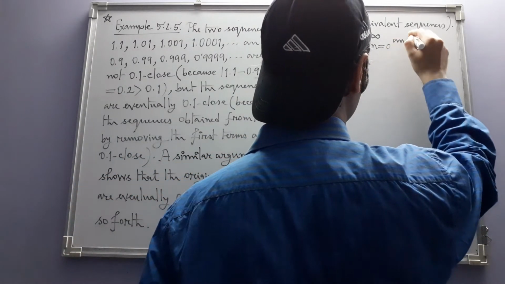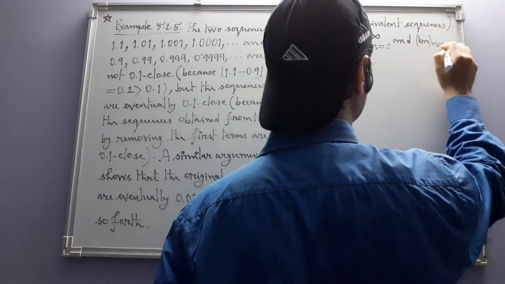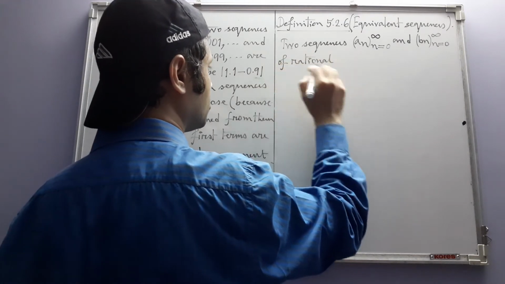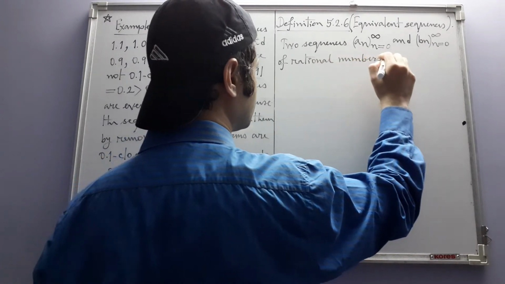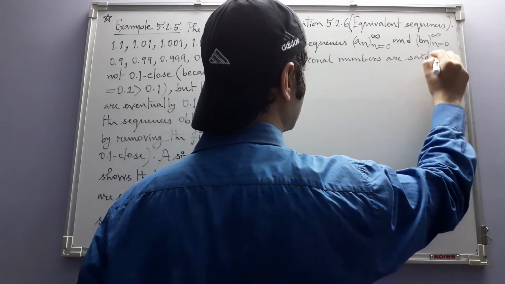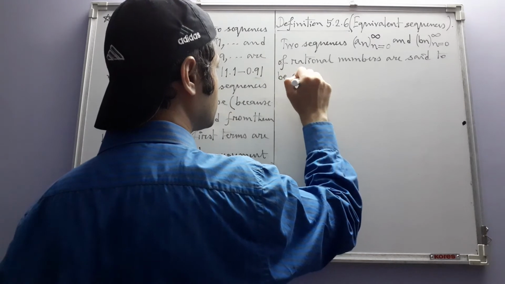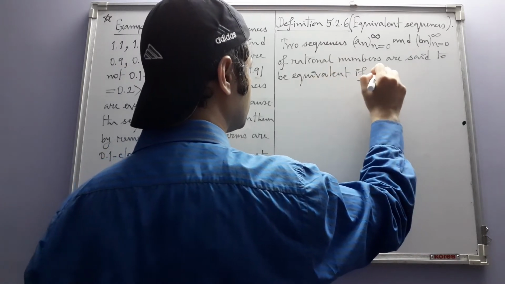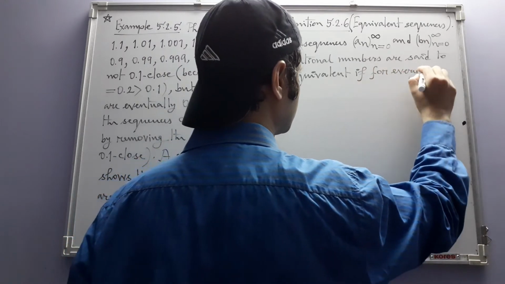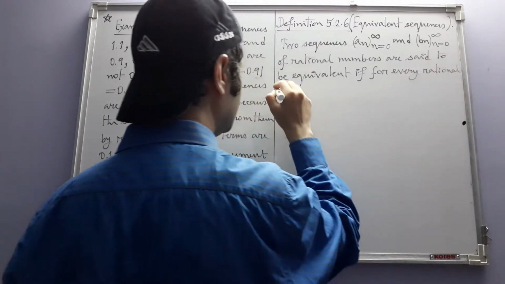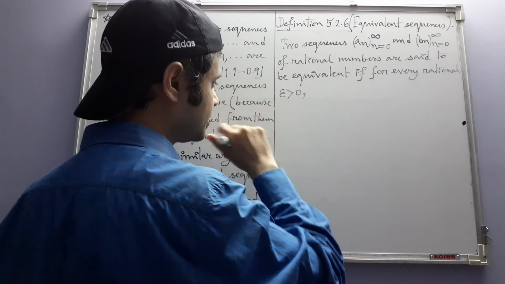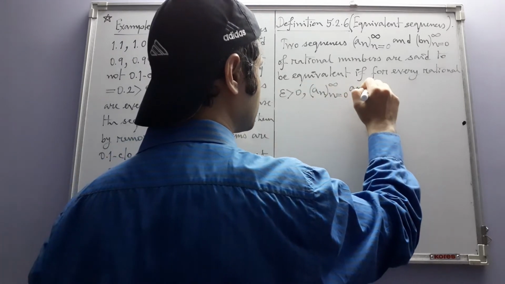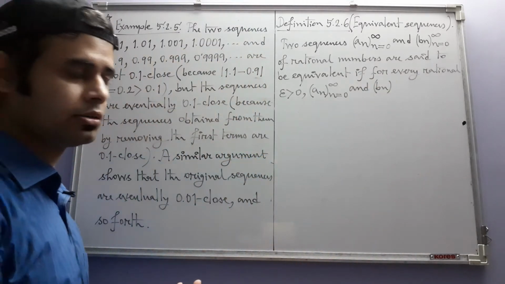Two sequences, this and this, of rational numbers are said to be equivalent if for every rational epsilon that is positive, the sequences are eventually epsilon close.